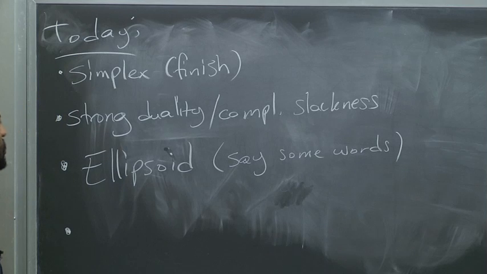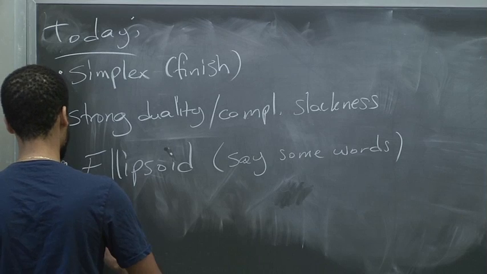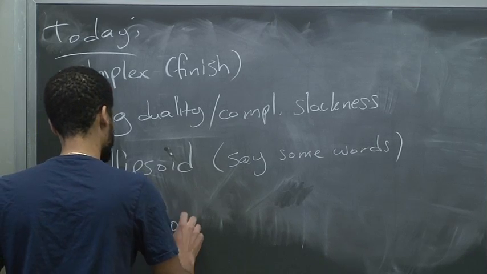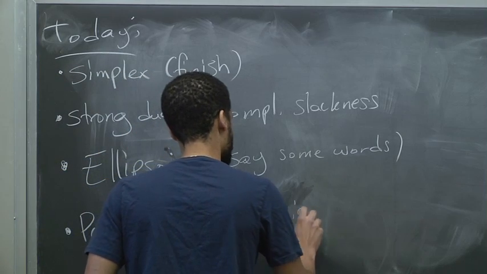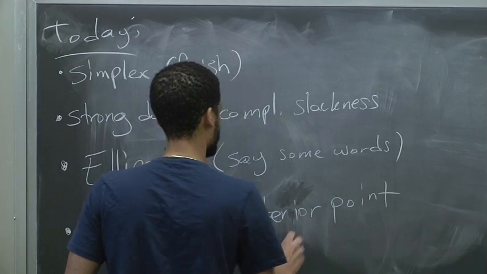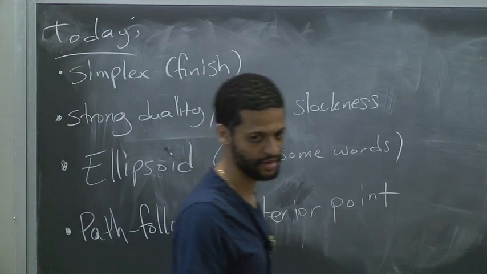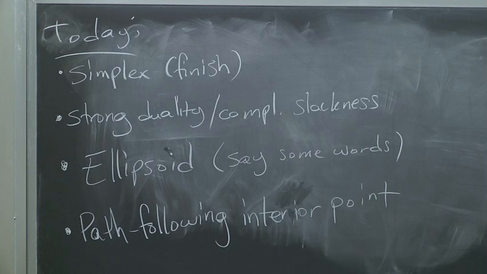Either at the end of this lecture or next lecture, we'll start interior point, so path following interior point methods. This is also a polynomial time algorithm for solving linear programs, and it's faster in practice than ellipsoid.